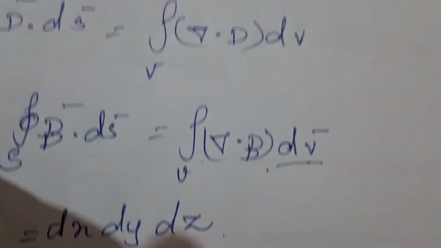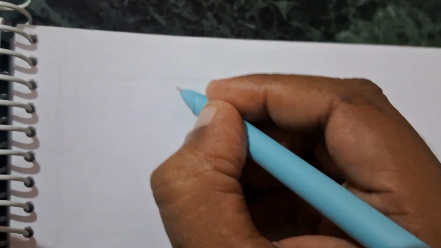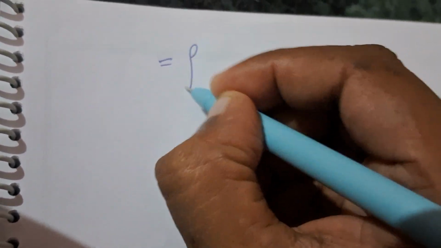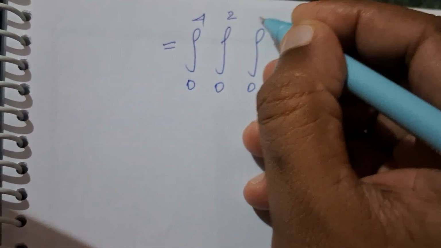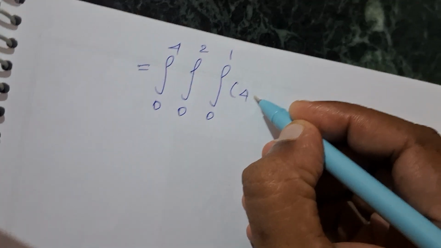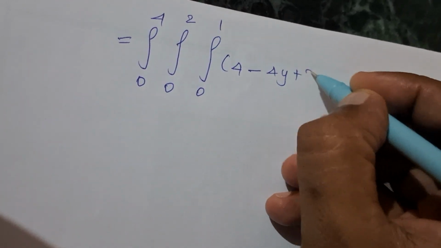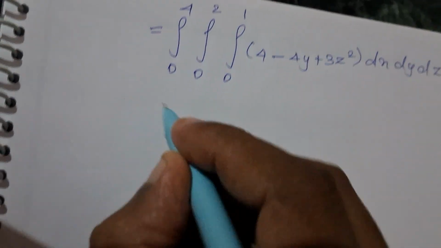Next we do the integration: the integral from 0 to 4, 0 to 2, 0 to 1 of 4 minus 4y plus 3z square dx dy dz.